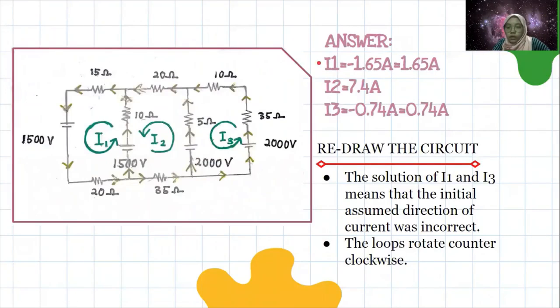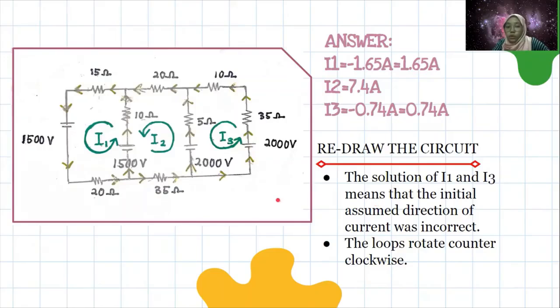Here we already got the answer, and we got a negative answer for I1 and I3. So we must redraw the circuit because of the negative answer. As said before, a negative solution for I1 and I3 means that the initial assumption of the direction of current was incorrect.